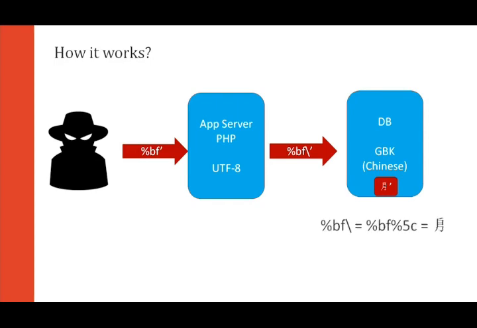As I said, the DB engine is going to say %BF slash. To me, that means %BF 5C. 5C is the hexadecimal representation of backslash, and then it is translated into that Chinese character. With that, what we are doing right now here is we are removing the escape protection implemented by the Apache PHP application server.